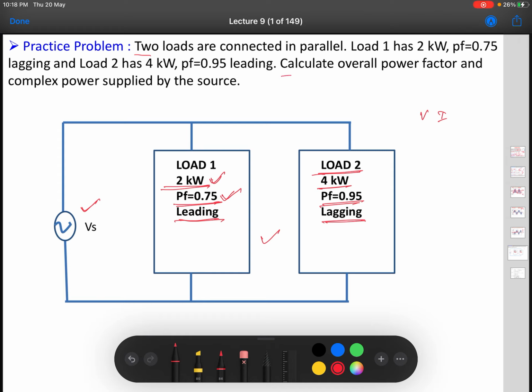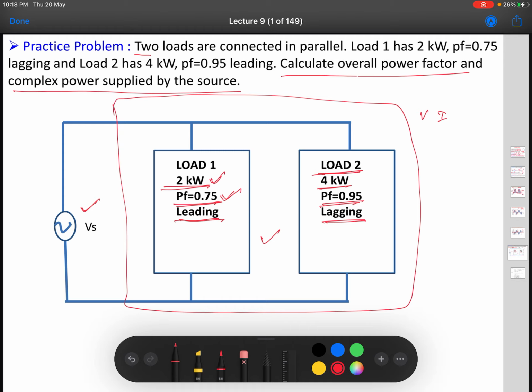Now you have to calculate the overall power factor and complex power supplied by the source. So when I see from this point, I have to see what is the amount of power being supplied, because there are two loads here. So the total power supplied by the source, and the total power factor seen by the source.